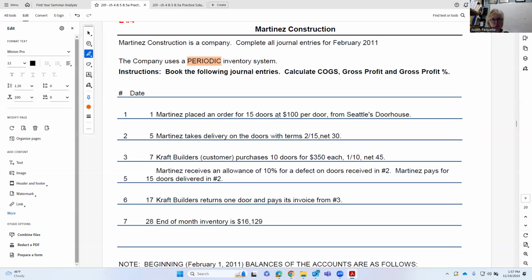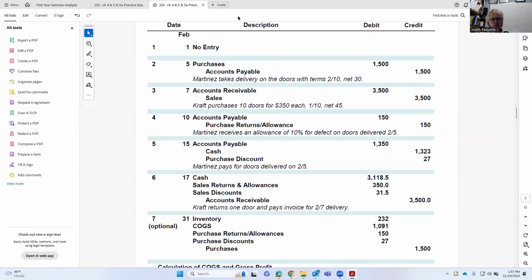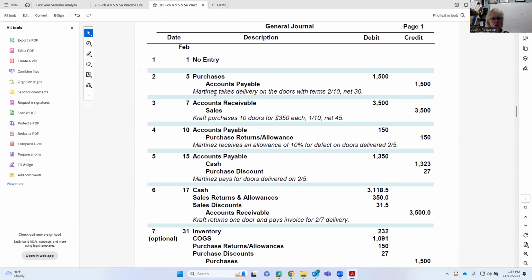So 15 doors at $100. That's $1,500. And this is periodic. So we don't use inventory except once a year when we count inventory. We use purchases. The accounts payable is the same as perpetual, but we don't use inventory, we use purchases.